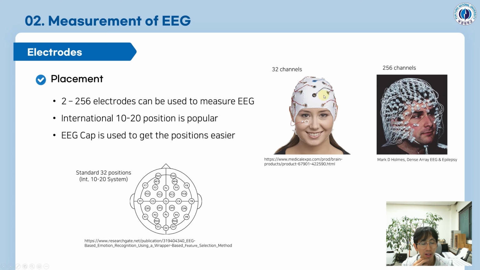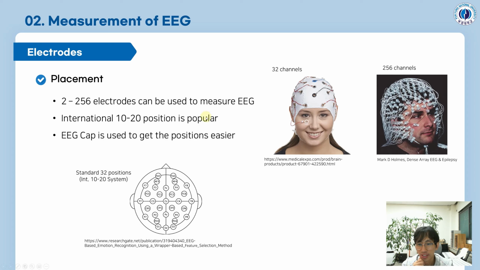And this fits your head size. If you order from some shop, there are going to be sizes like your shirt: small, medium, large. These electrodes are positioned already and stretched when you wear this.